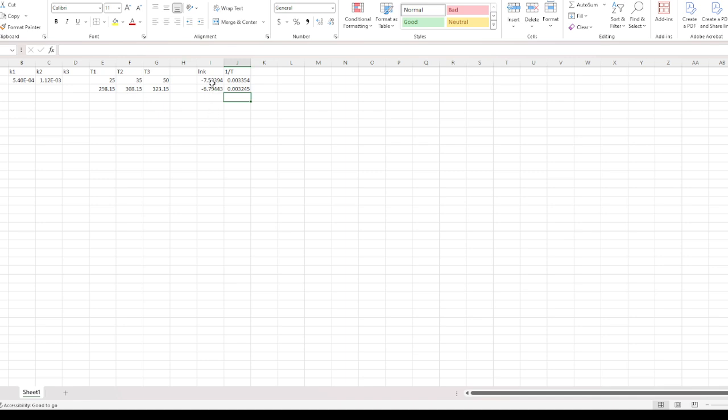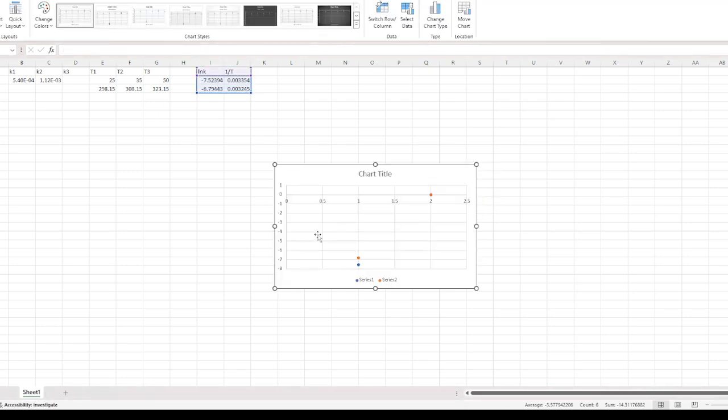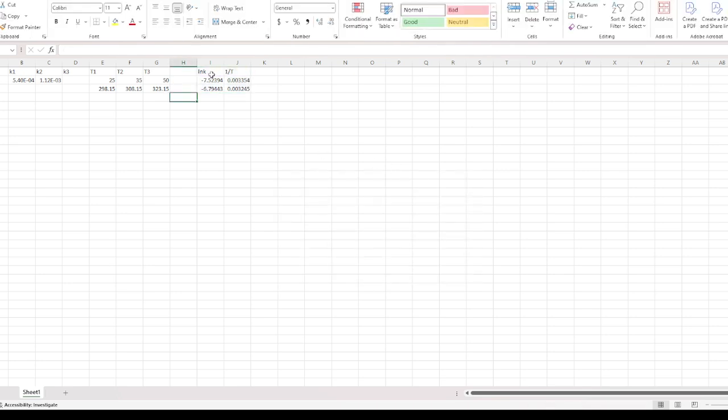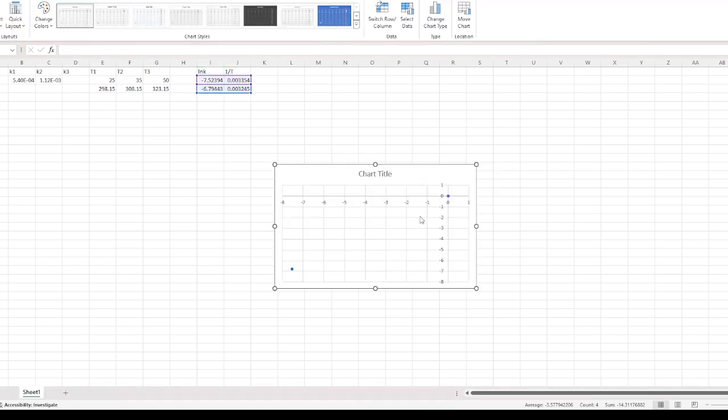I have 2 points, and you can always draw a straight line out of 2 points. So I'm going to highlight these, and I'm going to insert a graph. I'm going to always insert a scatter plot. Okay, this did it funny, so I'm going to try again. Delete that. See if I can graph it like this. So I'm going to insert a scatter plot. Yeah, there we go.